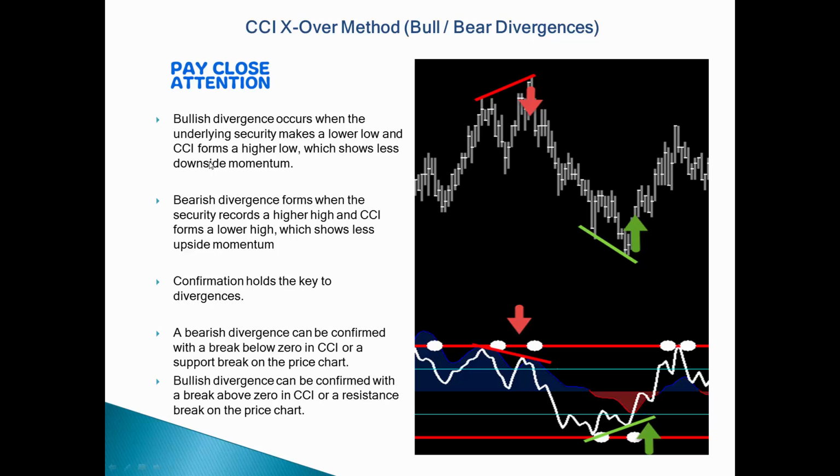Now, a bearish divergence forms when the security price, whether it's an index or a stock, doesn't matter, makes a new high, and the CCI makes a lower high. Again, very classic. Now, the key here, as I mentioned earlier, is that not every divergence indicates a reversal. Divergence, first of all, indicates a loss of momentum, but that momentum may continue after a shallow pullback and then reemerge in the primary trend.